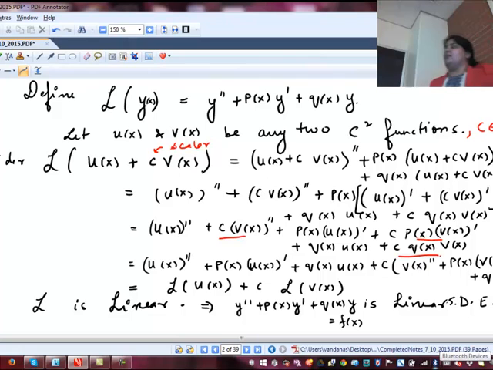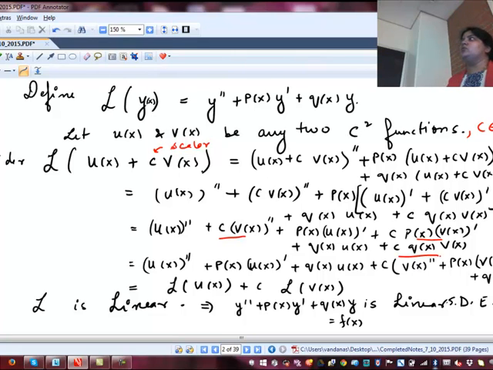So this is a second order linear differential equation. Now you may say, okay, if I just take y double prime, L of y is equal to y double prime. Is it linear? L of y equals y, linear.